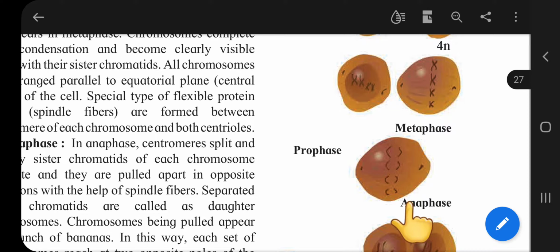The next phase is the anaphase. In anaphase, the centromere splits, and thereby the sister chromatids of each chromosome separate, and they are pulled apart in opposite directions with the help of spindle fibers. The separated sister chromatids are called daughter chromosomes.